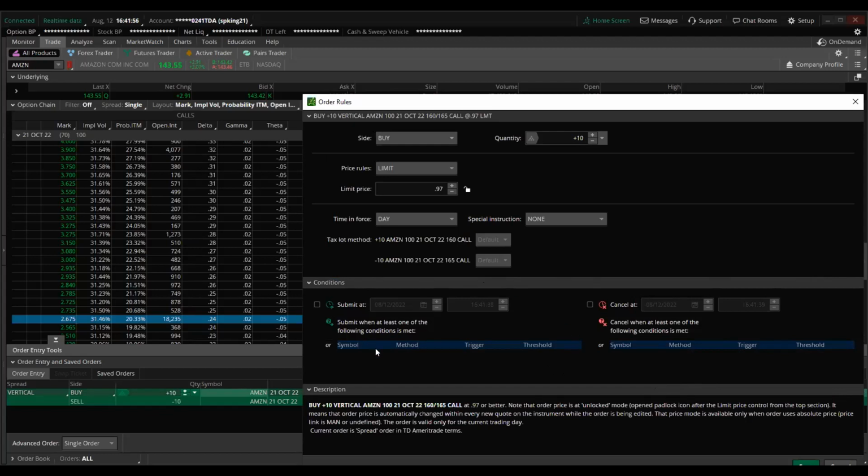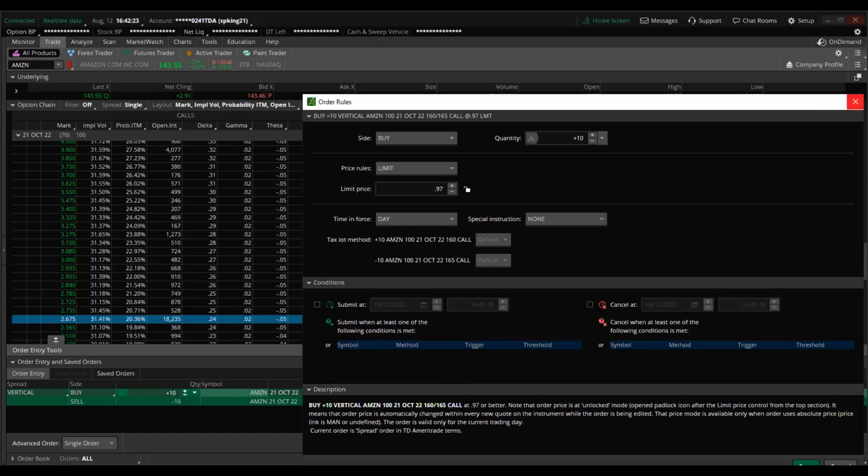You can put in the stop loss based on the underlying price, whatever price we said, 130 I think it was, or you can put in the value of that. So you can set it and forget it.